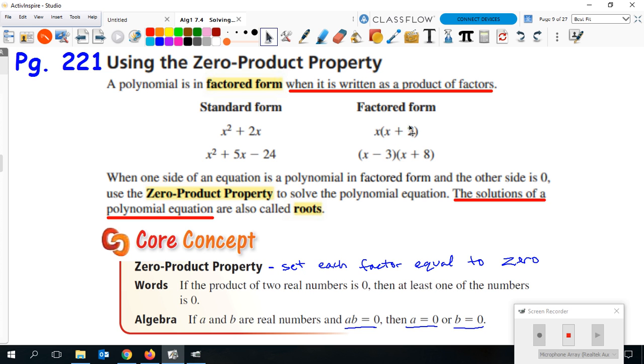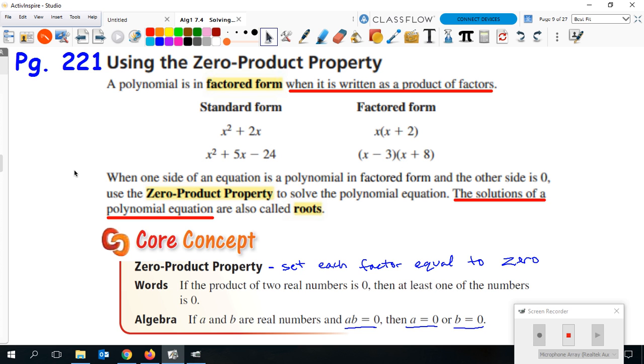That's a product of factors. Or these two binomials are factors and you're multiplying them, so it's a product of two factors. If I distribute the x back in here, I get x squared plus 2x. If I multiply these two binomials like we did in the last couple of lessons, we end up with this trinomial here.